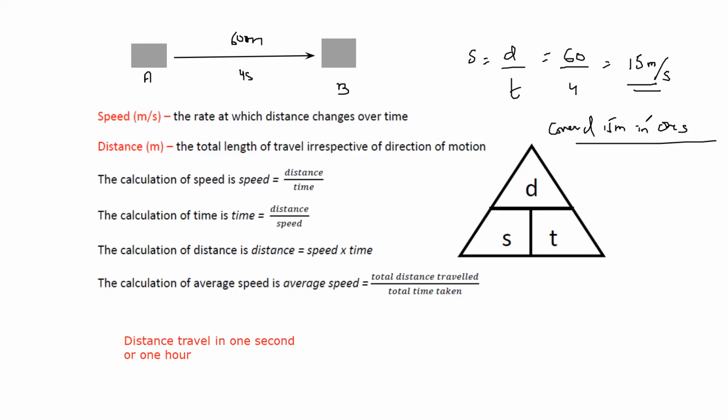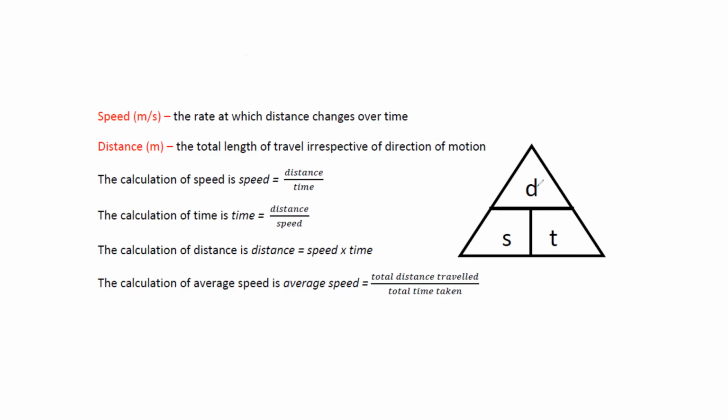And to learn the formula of speed, you can learn from this triangle. If I need speed, then speed will be equal to distance divided by time. But if I need distance, I will hide the distance, so distance will be equal to speed multiplied by time.